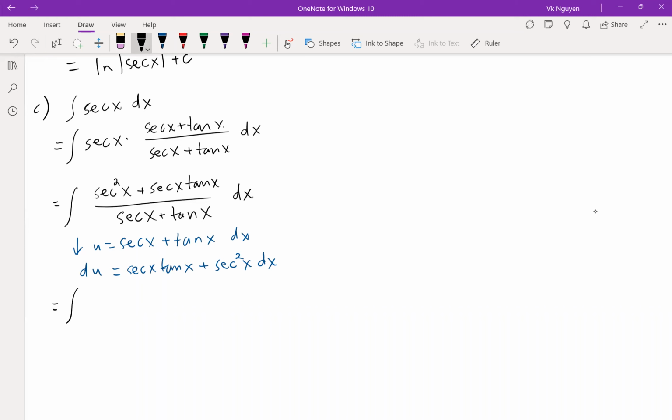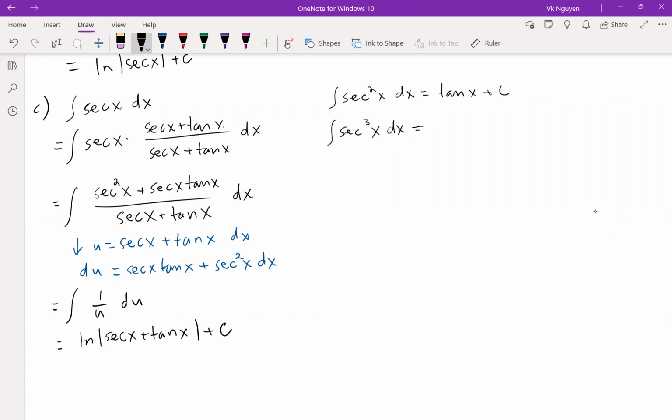The integral of 1 over u du, which is ln absolute value of u, is ln absolute value of secant x plus tangent x plus c. Everybody knows the integral of secant square x dx is just tangent x plus c. Yeah, but what about the integral of secant to the power 3 x dx?